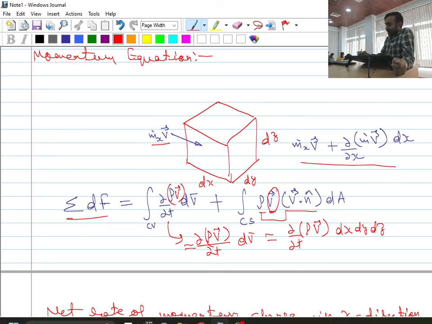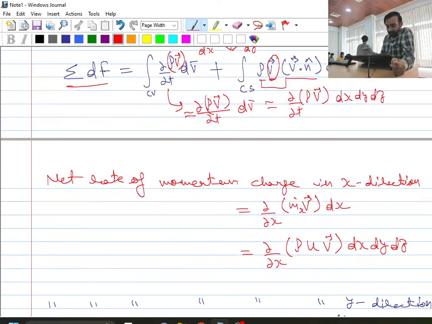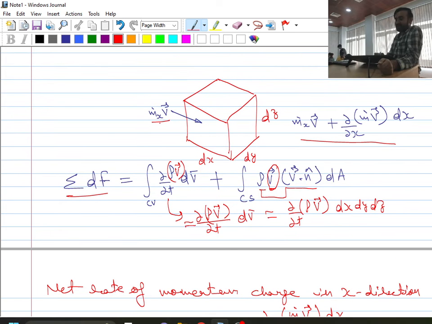So now we will have the net rate of momentum change in the x direction. You can see that ṁx into V vector was the momentum entering, ṁx V vector plus ∂/∂x of ṁ V vector dx. This will be the rate of change of momentum.